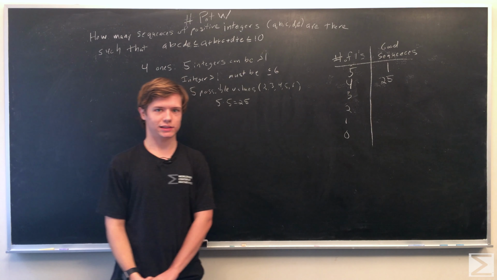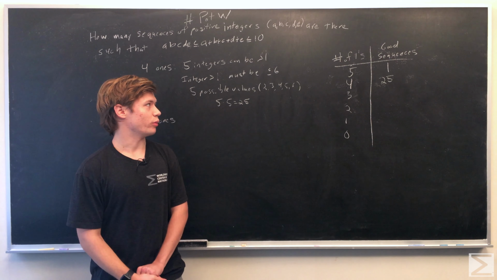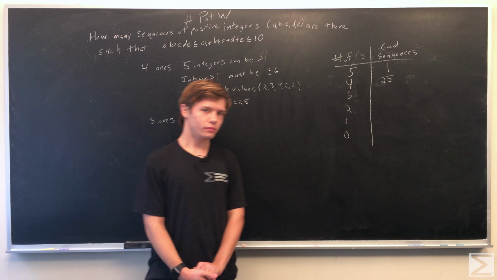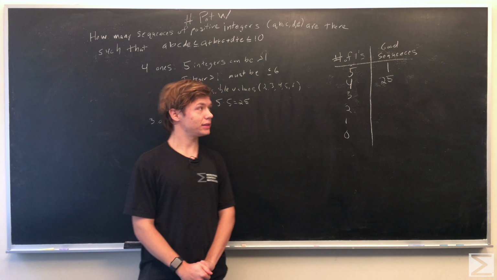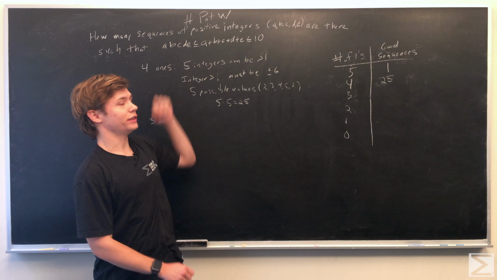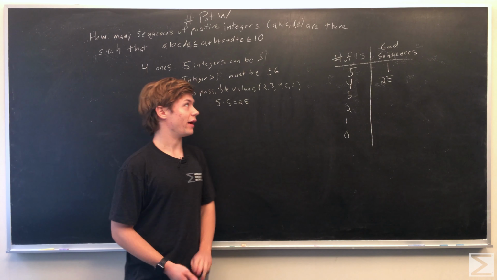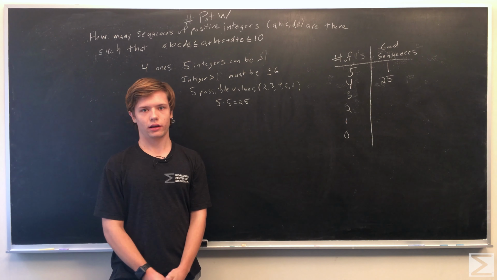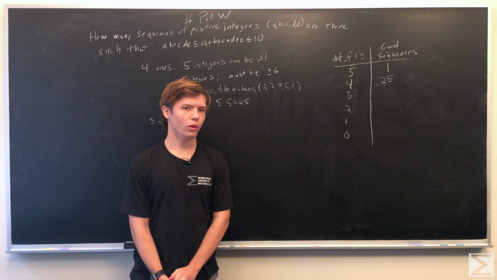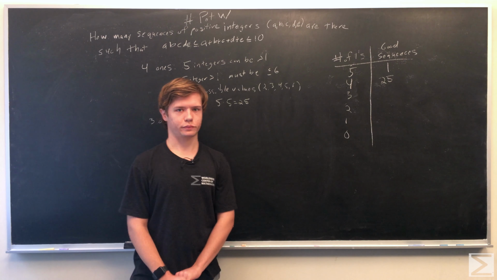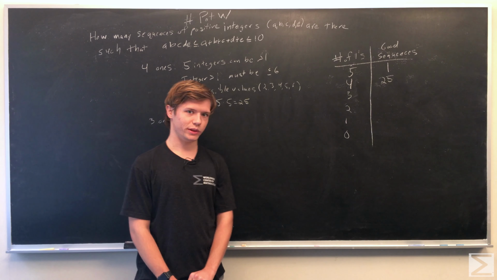Now we look at the case where there are 3 ones. To do that, we're going to look at this condition to figure out which pairs we can have for the integers that are greater than 1.